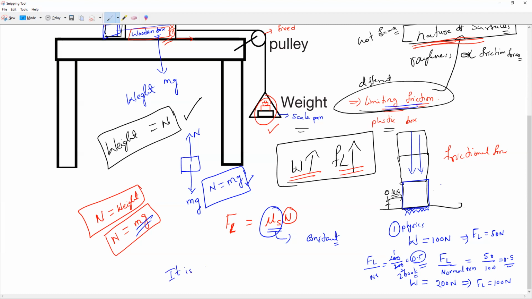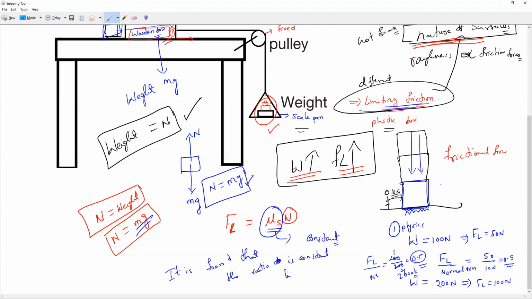It is found experimentally that the ratio remains constant. That ratio only gives you the coefficient of limiting friction.